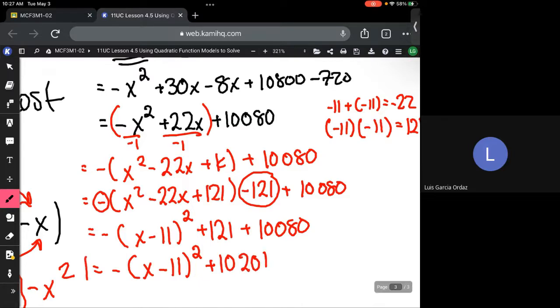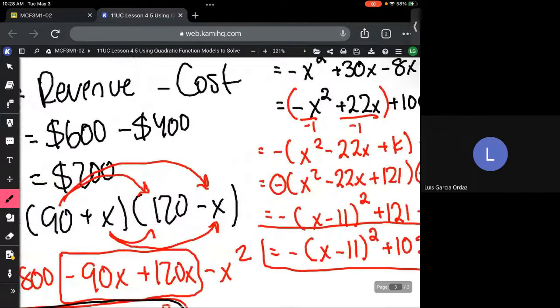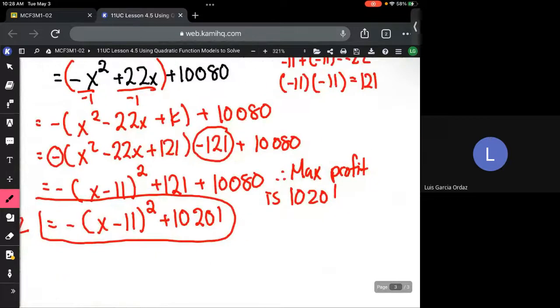Perfect. So what is my maximum profit? Yep. So max profit is $10,201.